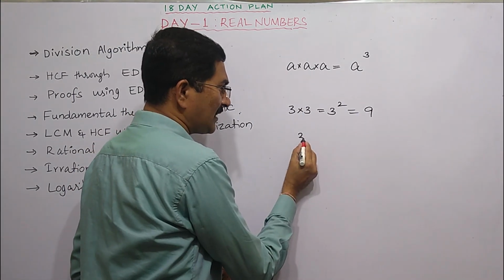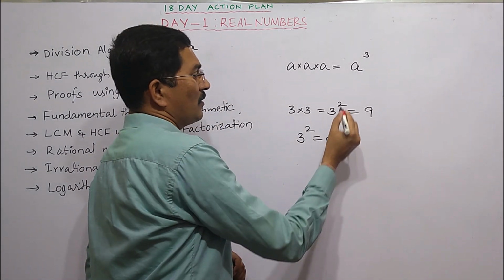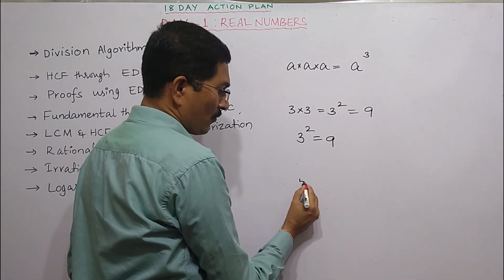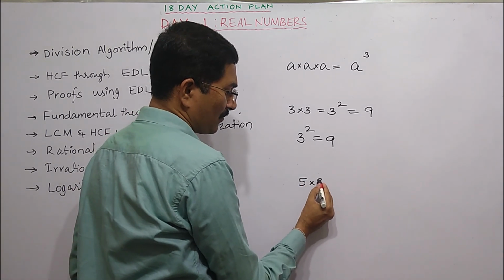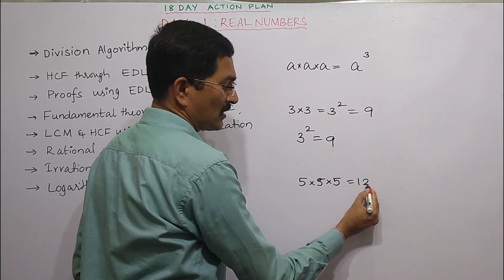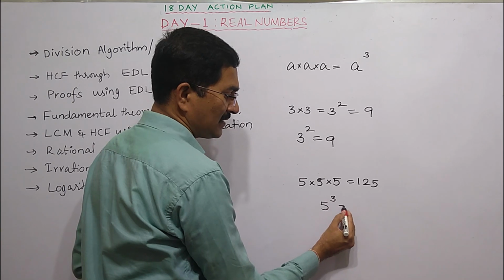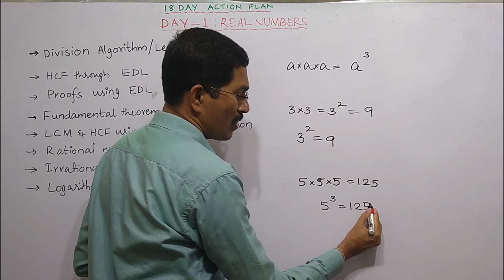So 3 to the power of 2 is equal to 9, we write. For example, we have 5 multiplied 3 times, 5 into 5 into 5, which is equal to 125. Now this can be written as 5 cube is equal to 125.